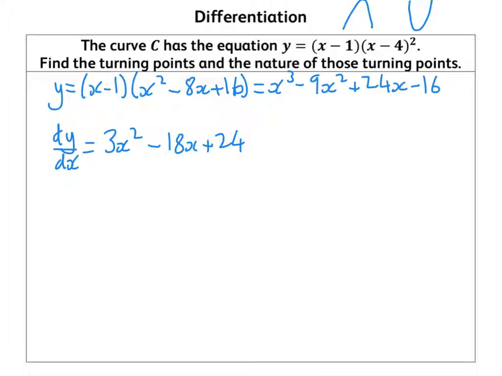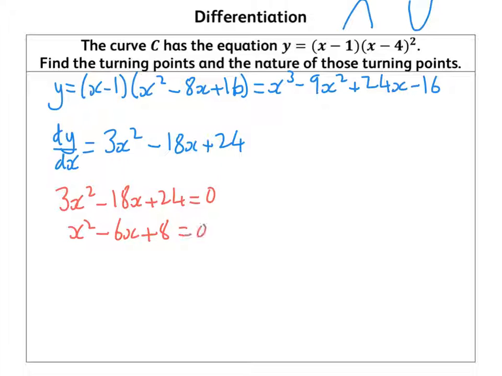Now, as I said, to find where there are turning points, the gradient equals 0. So I'm going to be asked to solve this equation. You may well have noticed that all of those coefficients divide by 3, so I can divide everything by 3 and it makes it a lot nicer for me.